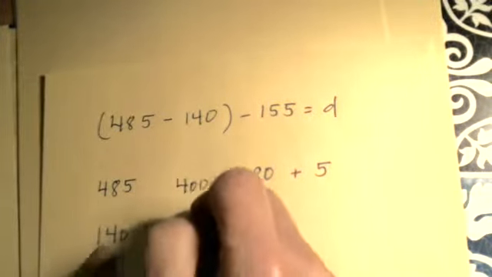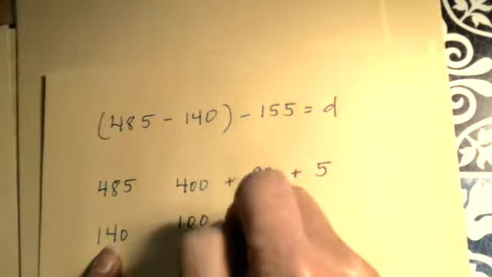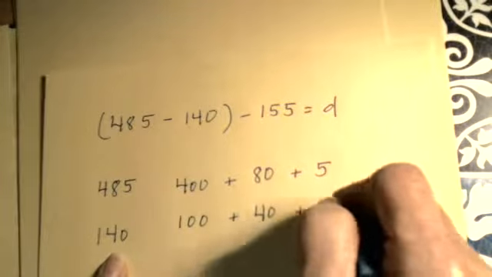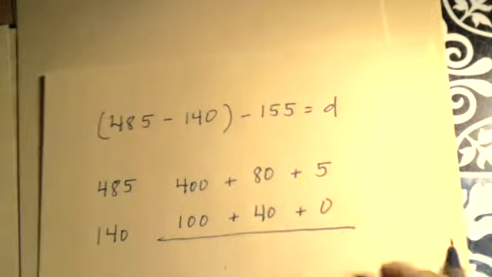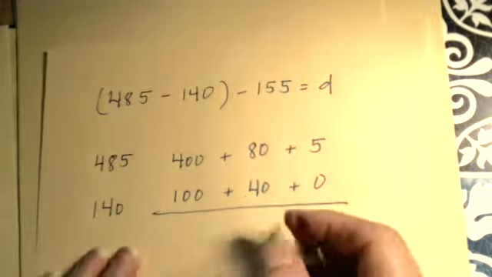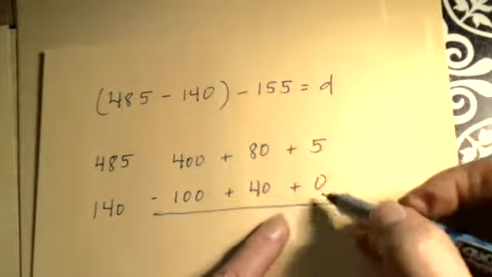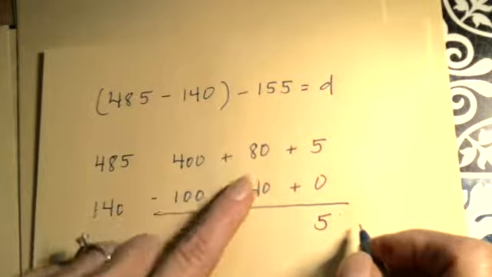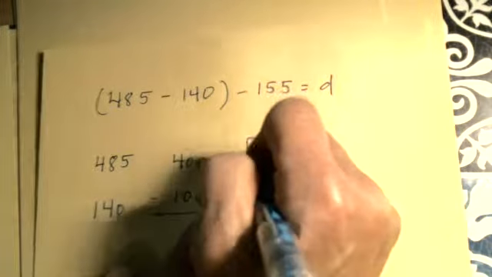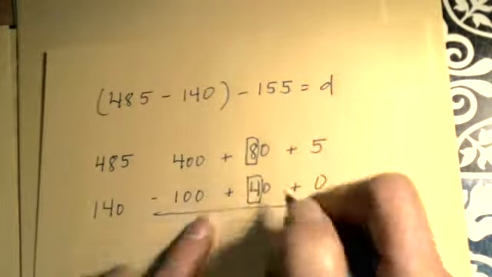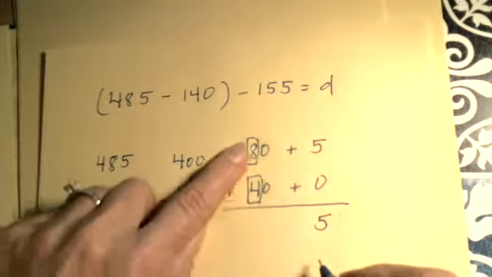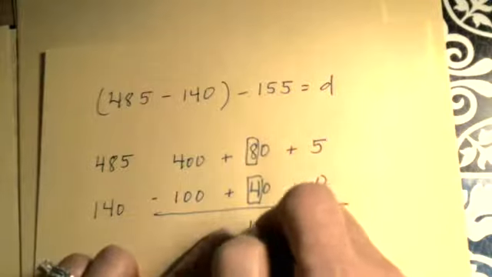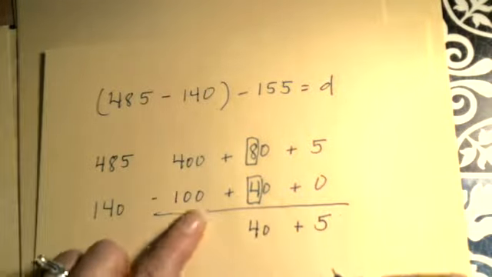Minus, okay, this 140, 1 in the hundreds, 40, and there's nothing in the ones. Okay, so I have 5, take away 0 is 5. 80 minus 40, if I just think of the tens place, 8 take away 4 is 4, so 80 take away 40 is 40.